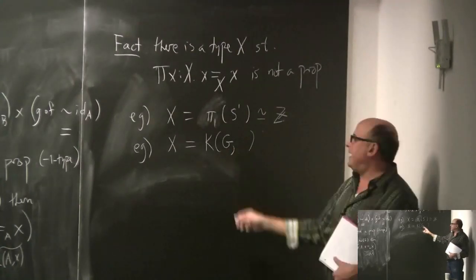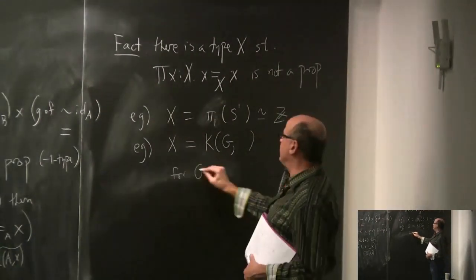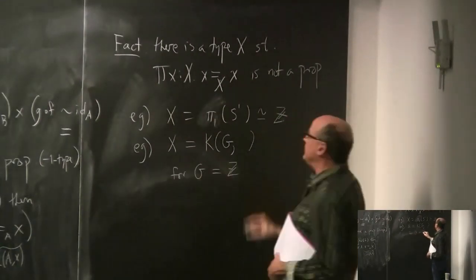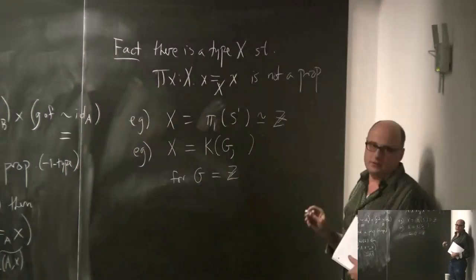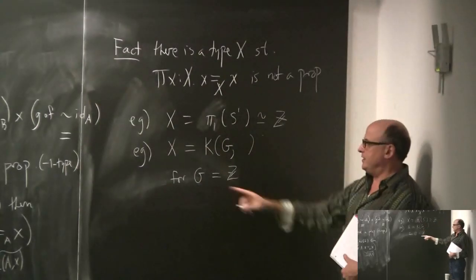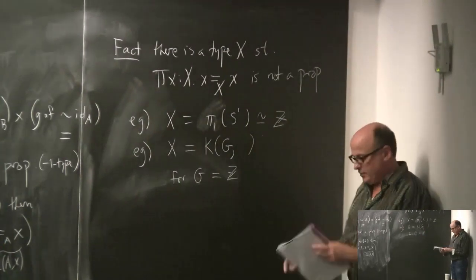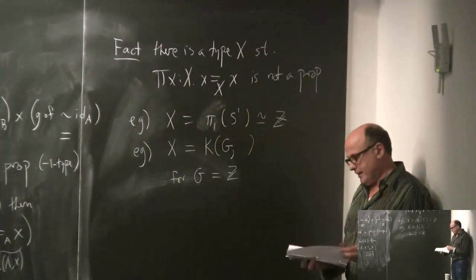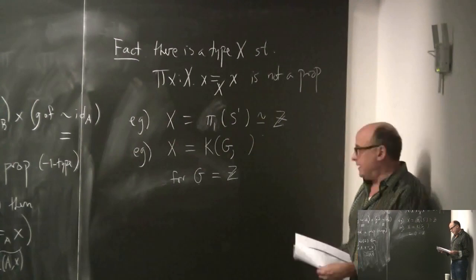So I pick for G whatever I like. Maybe I pick it to be Z, and then I will end up constructing a space whose fundamental group is G. Okay, so that's another possible choice that I can have here.